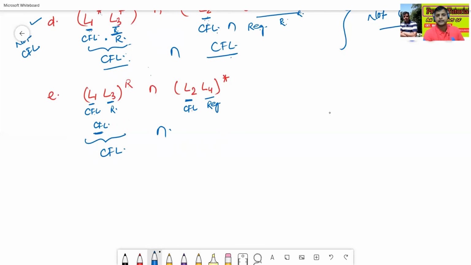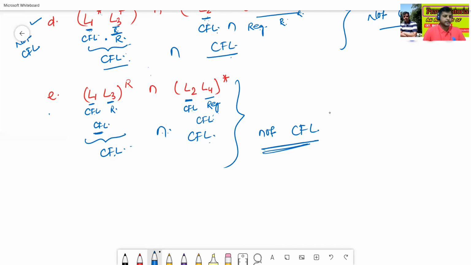Concatenation of CFL and regular is CFL. Kleene closure of CFL is CFL. So CFL intersection CFL is not necessarily CFL. So this part is not CFL, because CFL is not closed under intersection.